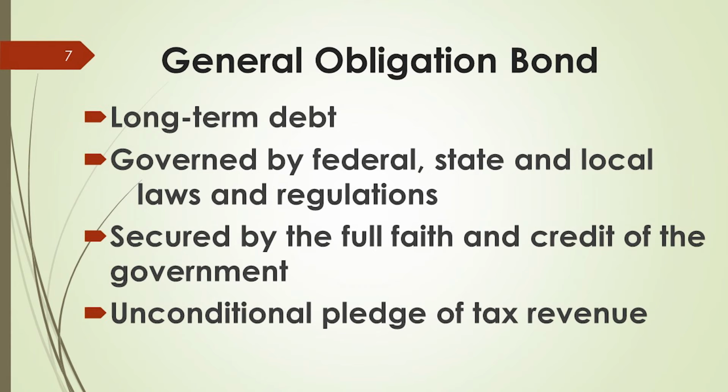This might be a good time to define general obligation bonds. Through various federal, state, and local laws, municipal governments, such as Metro, are authorized to issue general obligation debt. These are debts secured by the full faith and credit of the local government. The government pledges its tax revenues unconditionally to pay the interest and principal of the debt.